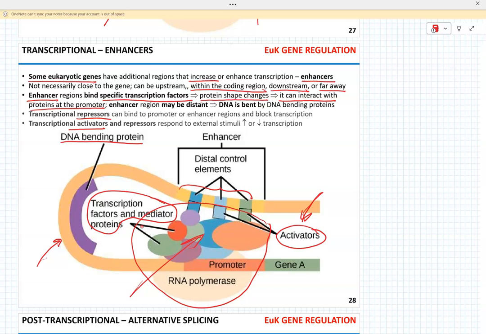Repressors can also bind to the promoter or to the enhancer and block transcription. Whether or not a certain repressor or activator will be present in the cell is often determined by external stimuli. When transcriptional activators or repressors are produced in response to those external stimuli, that alters the rate of transcription and therefore gene expression.